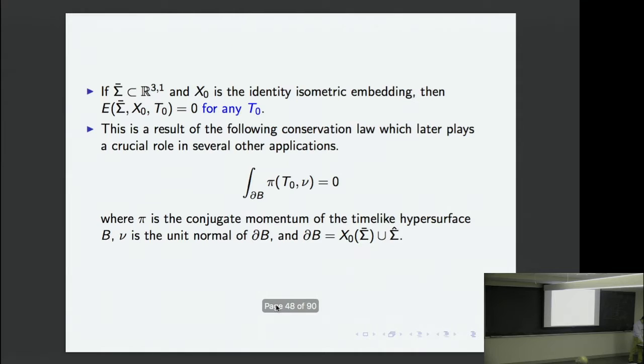And why is this term good? It turns out, if I check this rigidity property, namely if I take any surface in sigma hat here, okay, and you can see that I don't have to take this T0 here. I can take any future timelike vector. And I can do any kind of projection surface. Okay.